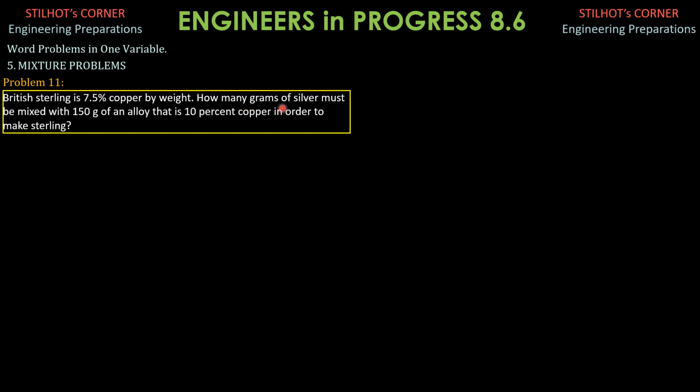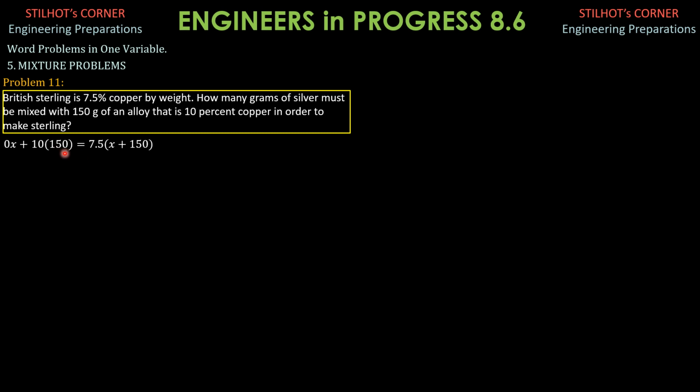So let's call x the amount in grams of silver that must be mixed with 150 grams of an alloy that is 10% copper. So 0 times x plus 10% times 150 equals 7.5% times the quantity, the total amount, x plus 150.